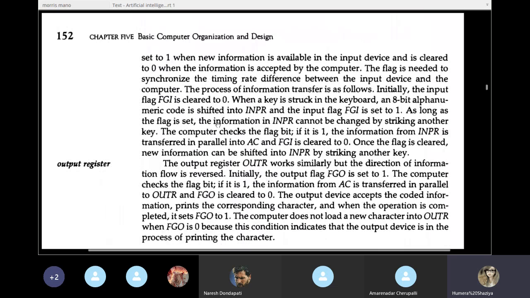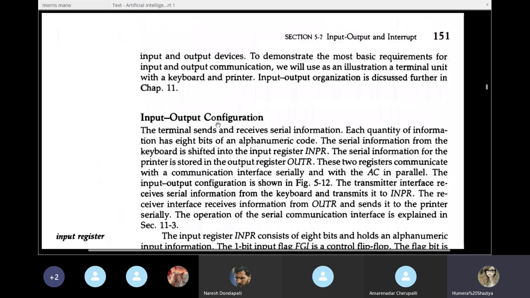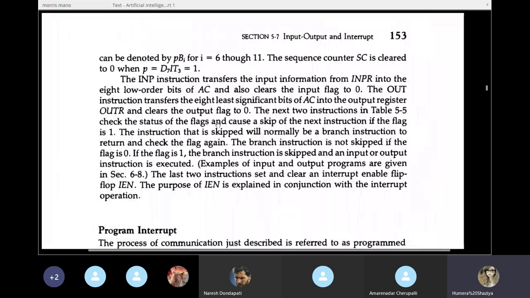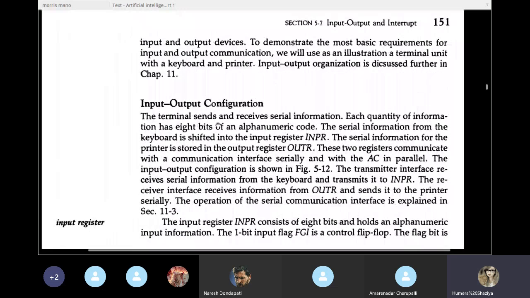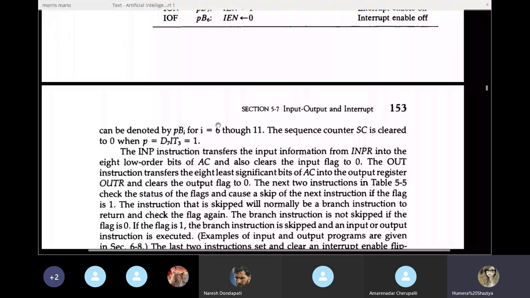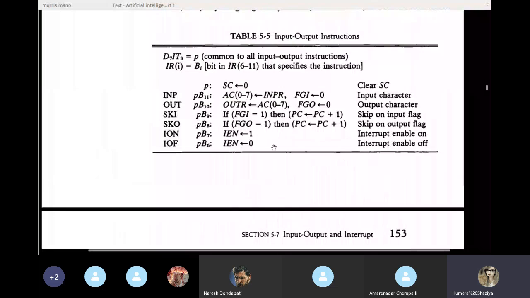If IOF is the instruction, then IEN, which is also a flip-flop containing a single bit, is cleared.